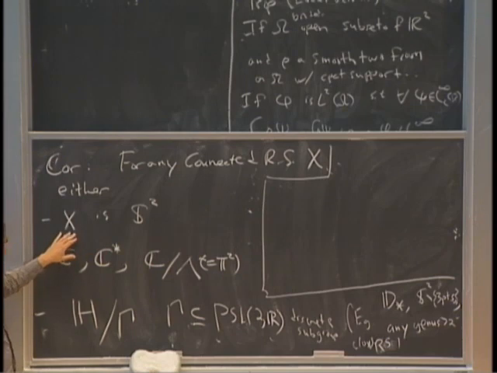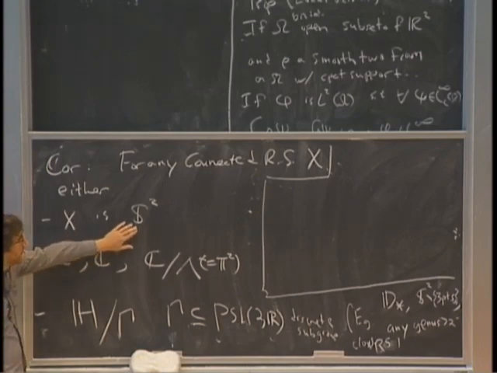So what this says is that any metric on the S2 is conformal to the round metric.